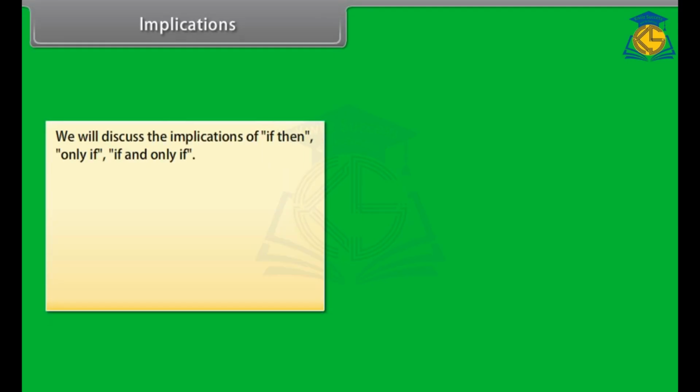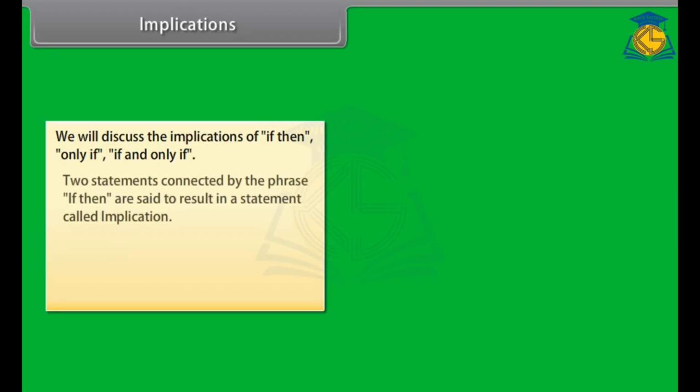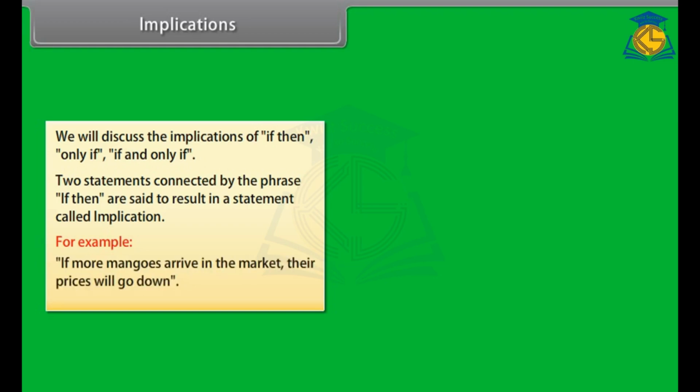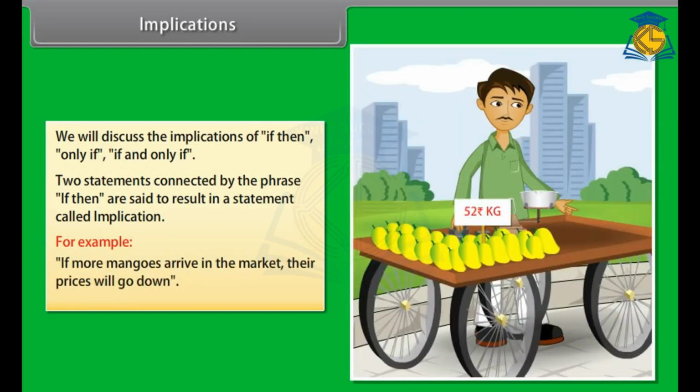Implications. We will discuss the implication of if-then, only if, and if and only if. Two statements connected by the phrase if-then are said to result in a statement called an implication. For example, if more mangoes arrive in the market, their prices will go down.